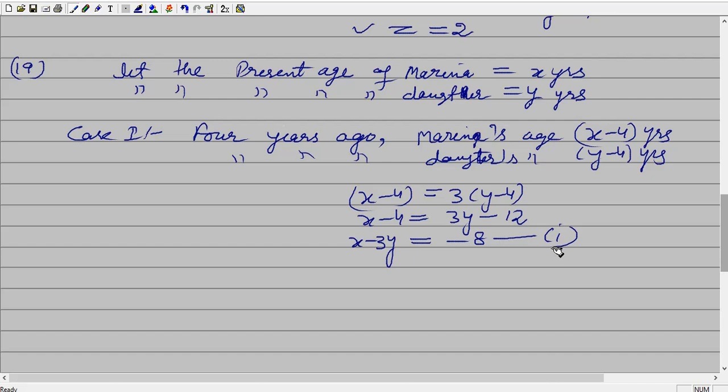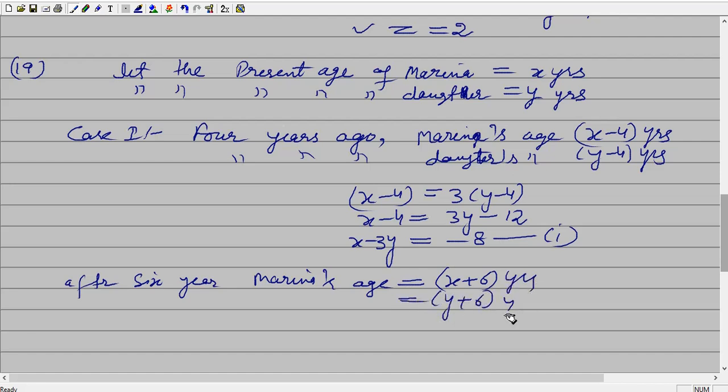And 6 years from now, so after 6 years, Marina's age will be X plus 6, and the daughter's age will be Y plus 6 years.